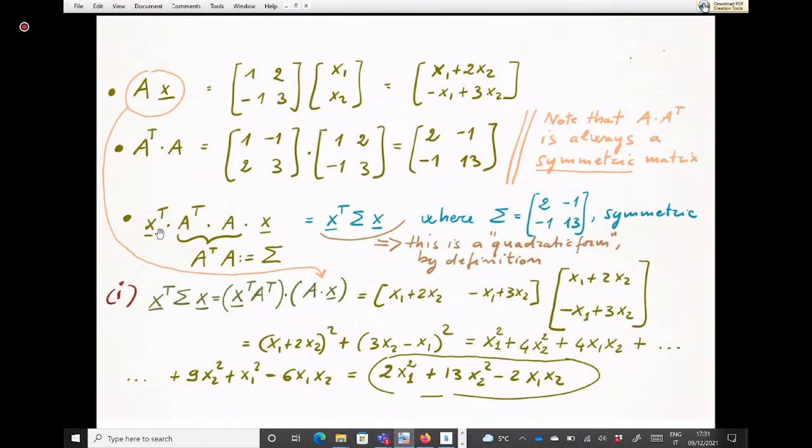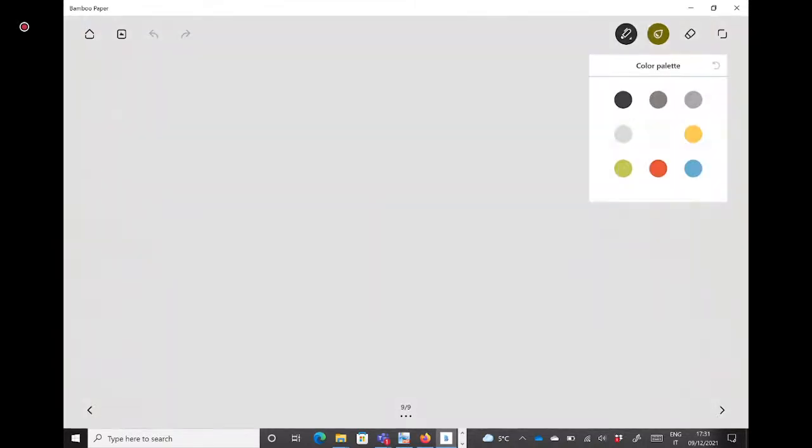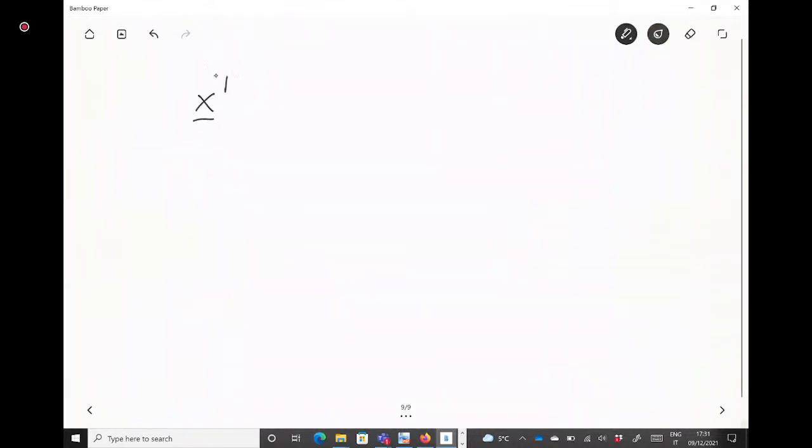Now, suppose that you want to compute X transpose times A transpose times A times X. Remember that you do have the associative property, so you can group the products as you like, provided that you don't commute.